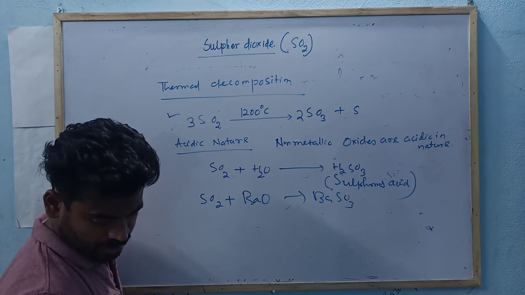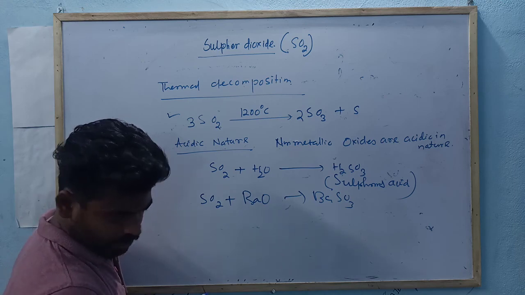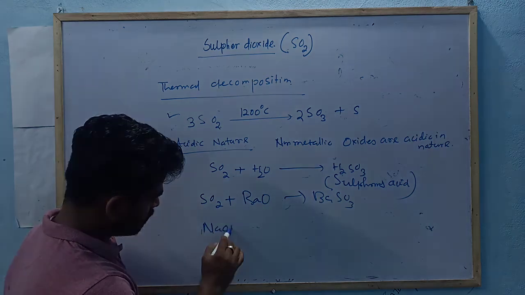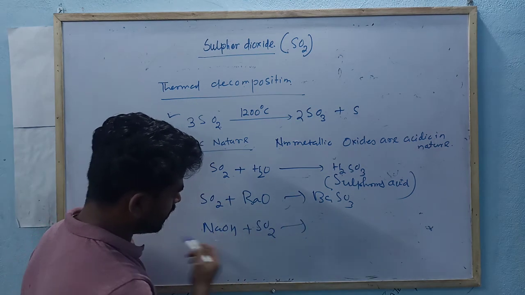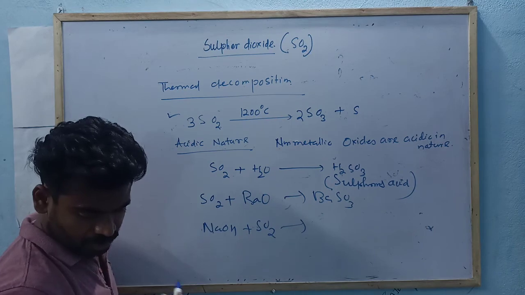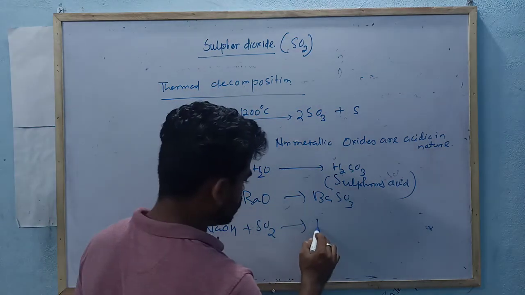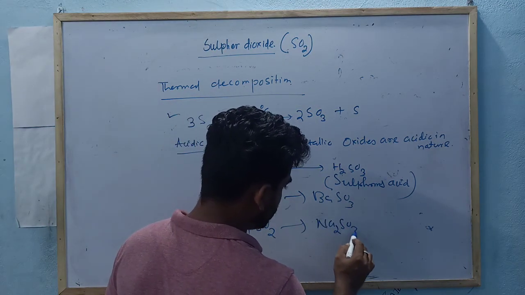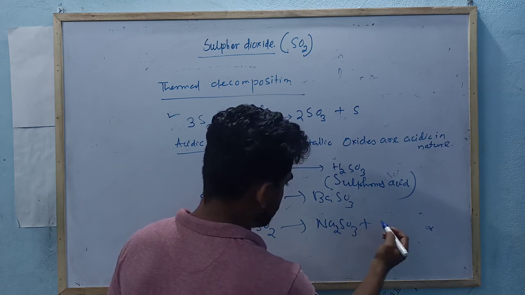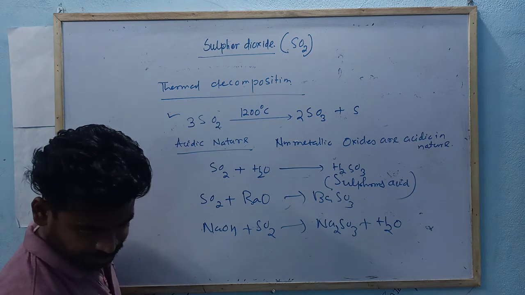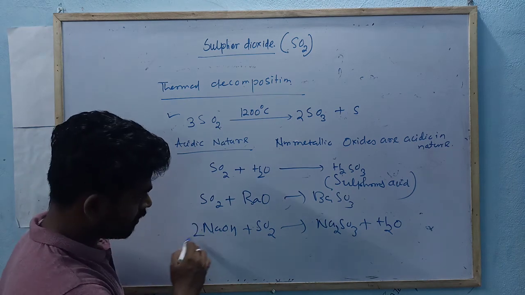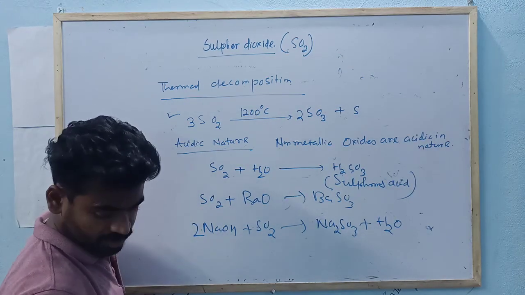Similarly with NaOH, this one is a base, and SO2 is acidic in nature, so definitely there will be formation of salt and water, a neutralization reaction. So Na2SO3, sodium sulfite, plus water, H2O. Here we multiply by 2 to balance the equation.